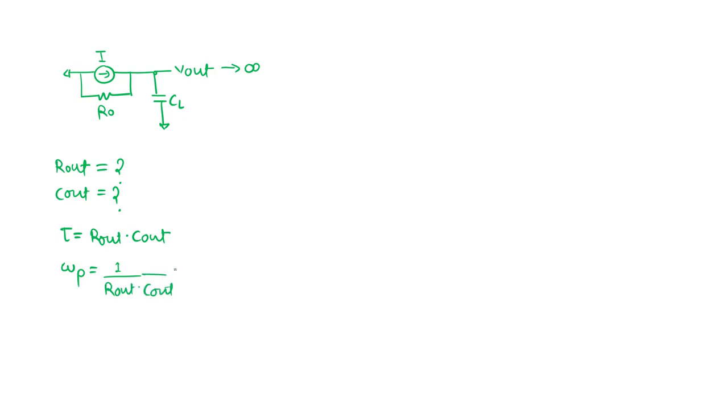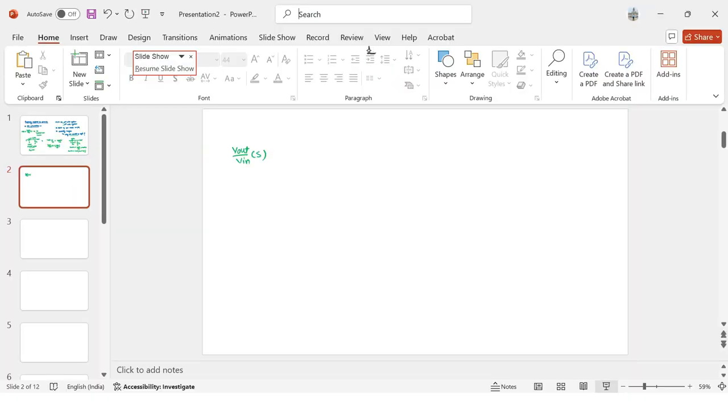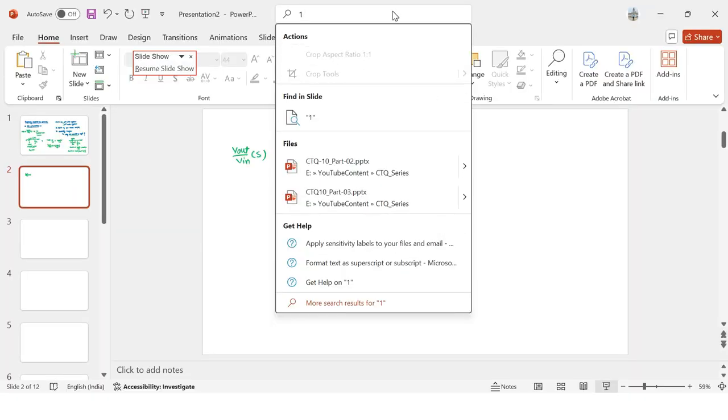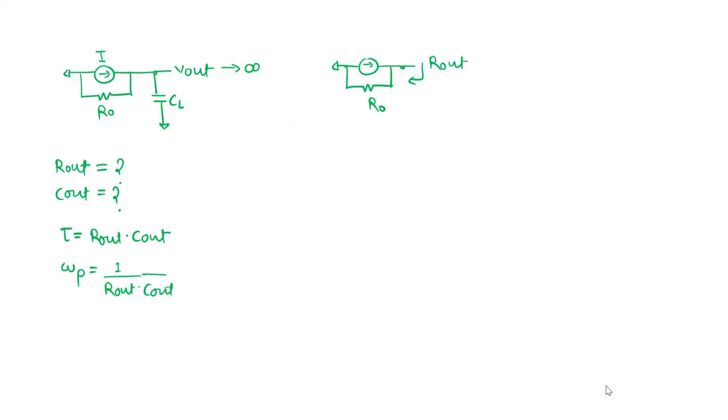When we calculate the R out, we are not worried about this CL, so I'll keep CL apart from here. I'll open the CL, and I'll calculate the R out. So what is the R out? We can see the R out is taking the parallel. This I is okay, then this I is open.